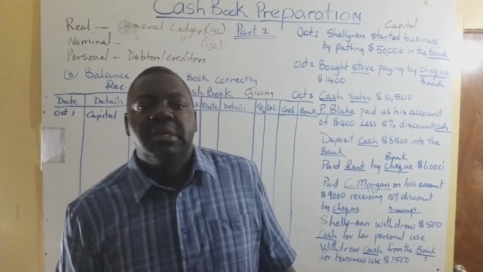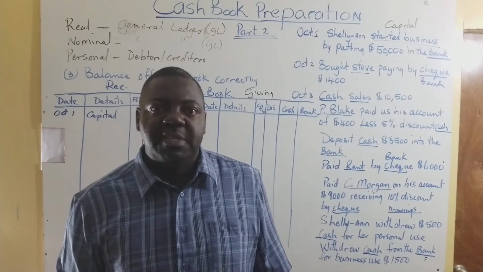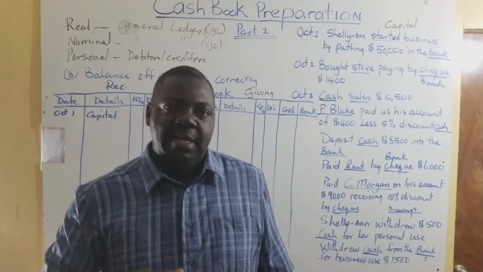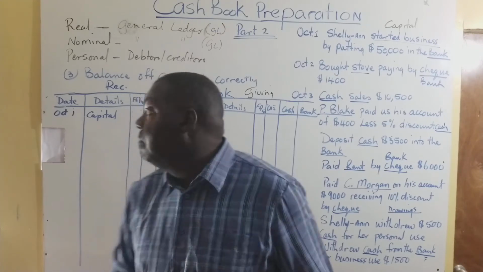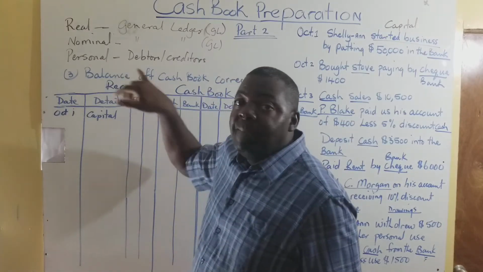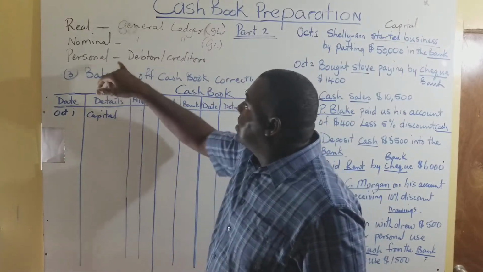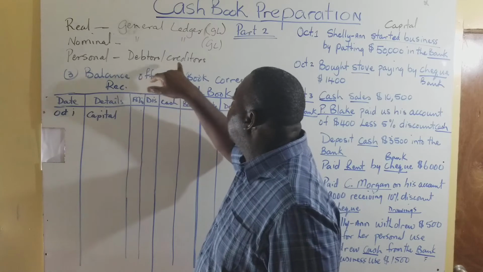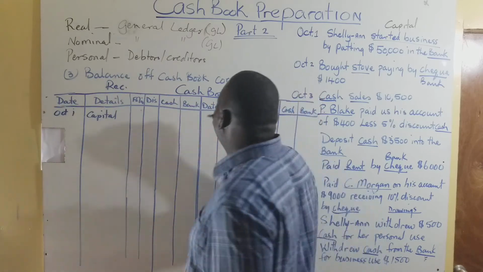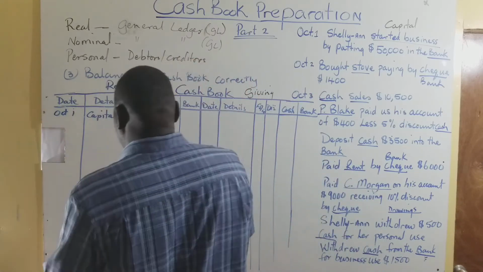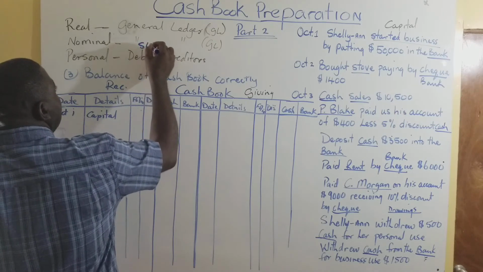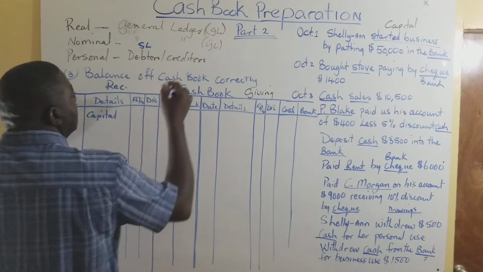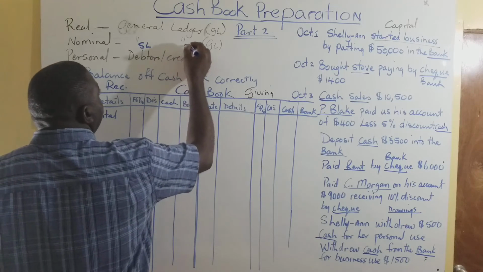I have done that class previously when we looked at how to manage accounts receivable and accounts payable, right? They are personal accounts. So personal accounts relating to debtors and creditors. And these, for debtors, we talk about the sales ledger, SL for sales ledger, and for creditors, we talk about the purchases ledger.